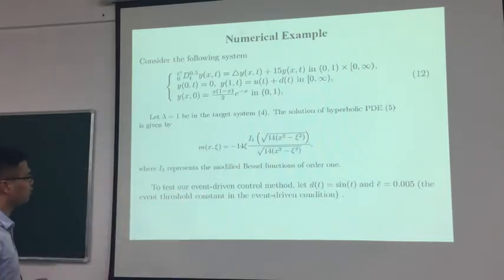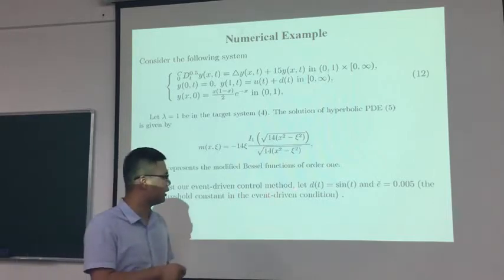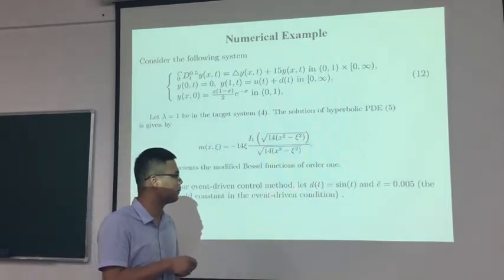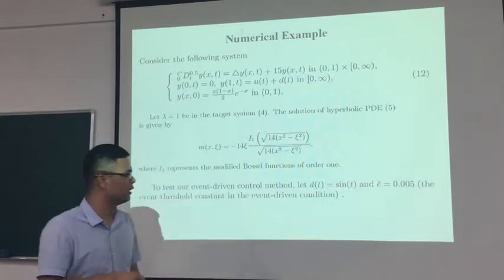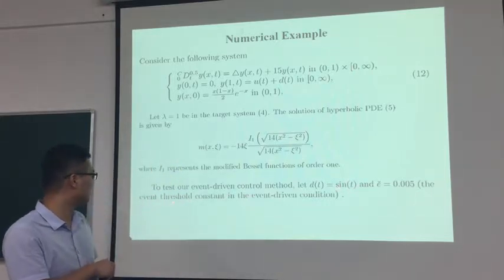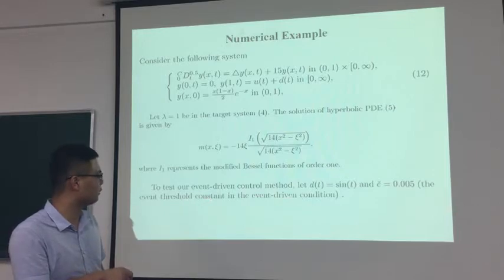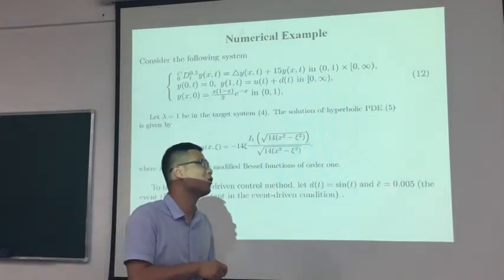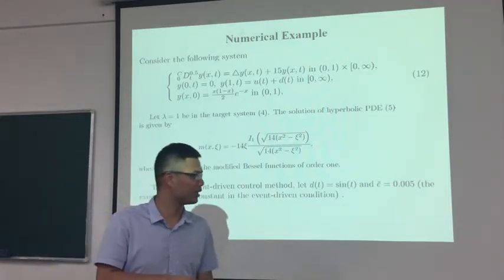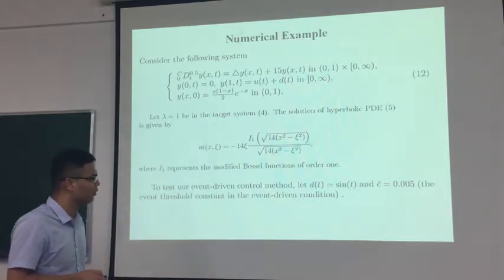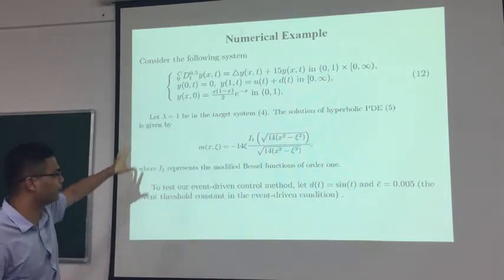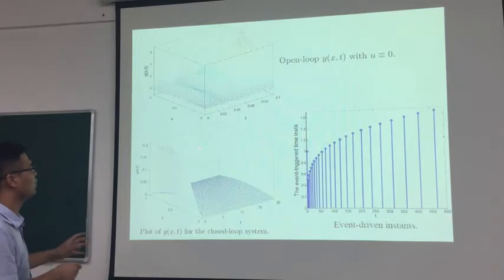To test our event-driven control method, let d(t), the disturbance of the input, be a sine function, and the event threshold constant in the event-driven condition be very small, 0.005. So with those parameters, we can give the numerical results like this.